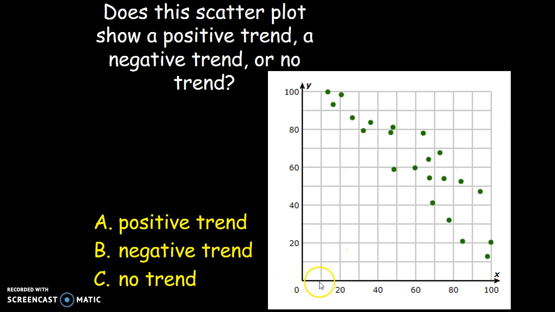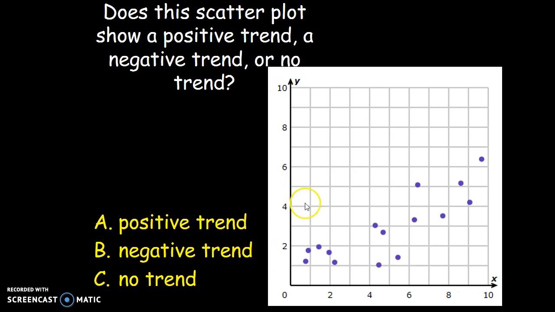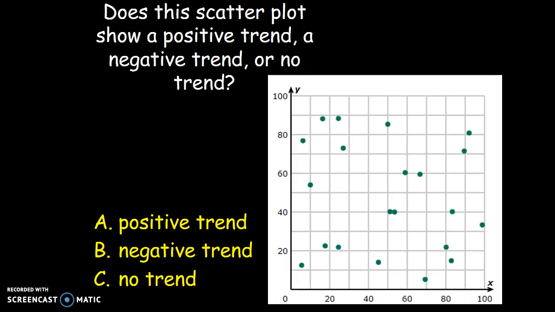So as the x value gets bigger, the y value gets smaller, would be a negative relationship. This one's B, negative, not positive.